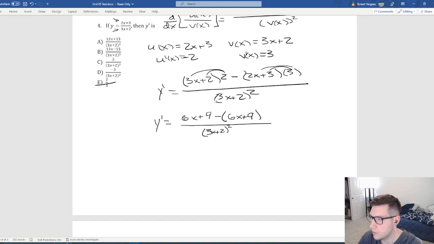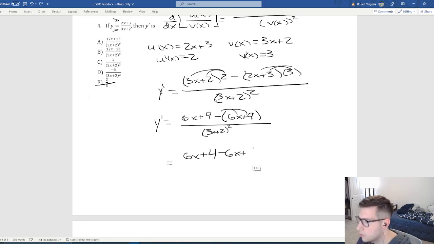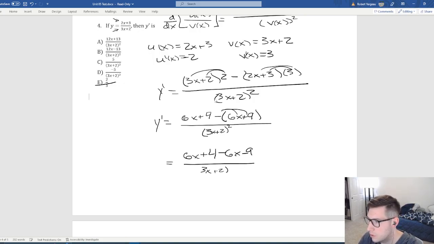And the reason that we need to keep these parentheses is because I now have to distribute this negative. And so it's going to equal 6x plus 4 minus 6x minus 9. See, even with our annotations, you need to be very careful. Again, all over 3x plus 2 all squared.